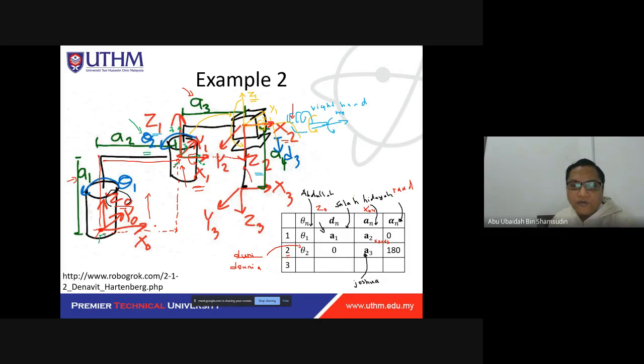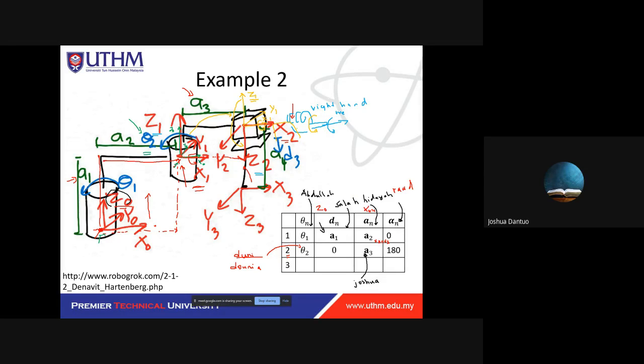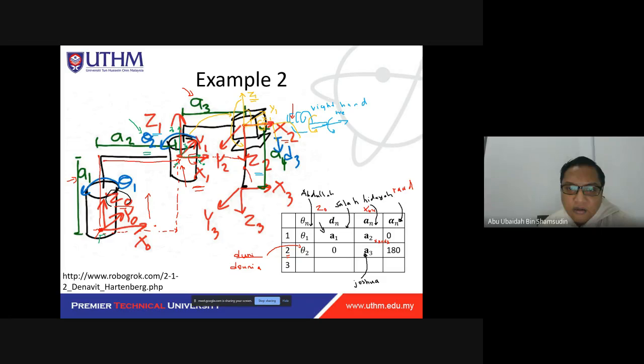So maybe you have a question. Can you put negative 180 degrees? How about you turn it around the other way? So it will become negative 180 degrees. Is it okay?